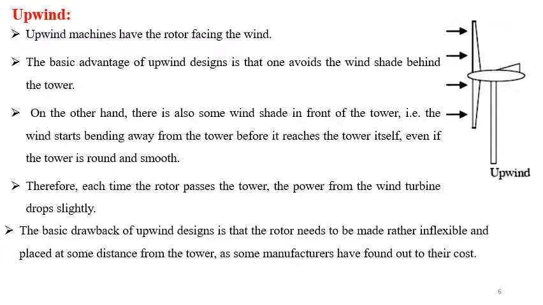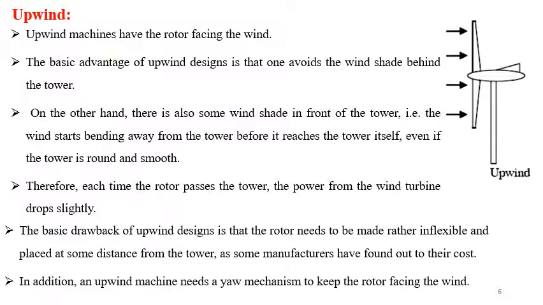The basic drawback of the upwind design is that the rotor needs to be made rather inflexible and placed at some distance from the tower, as some manufacturers have found out at their cost. In addition, the upwind machine needs a yaw mechanism to keep the rotor facing the wind. You can see in this sketch how the upwind machine works.